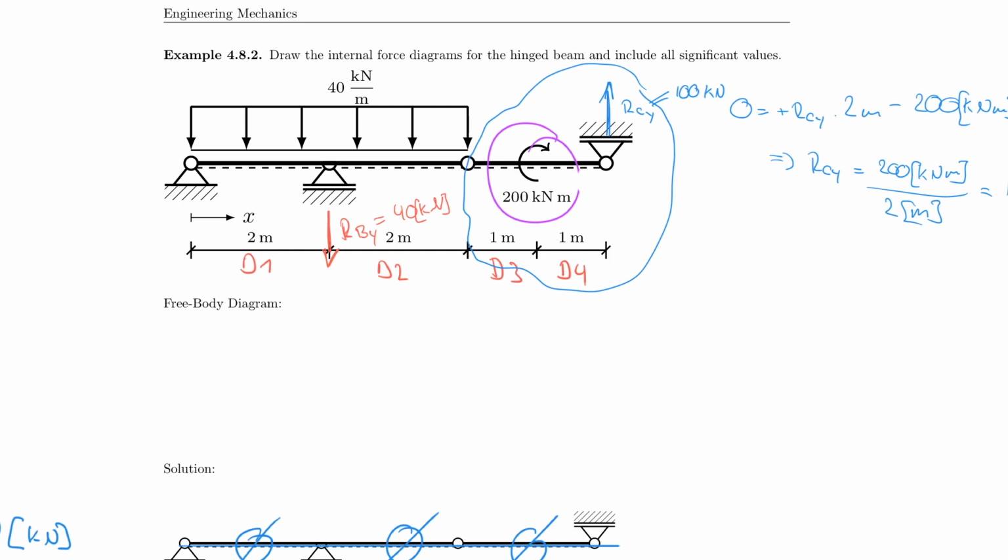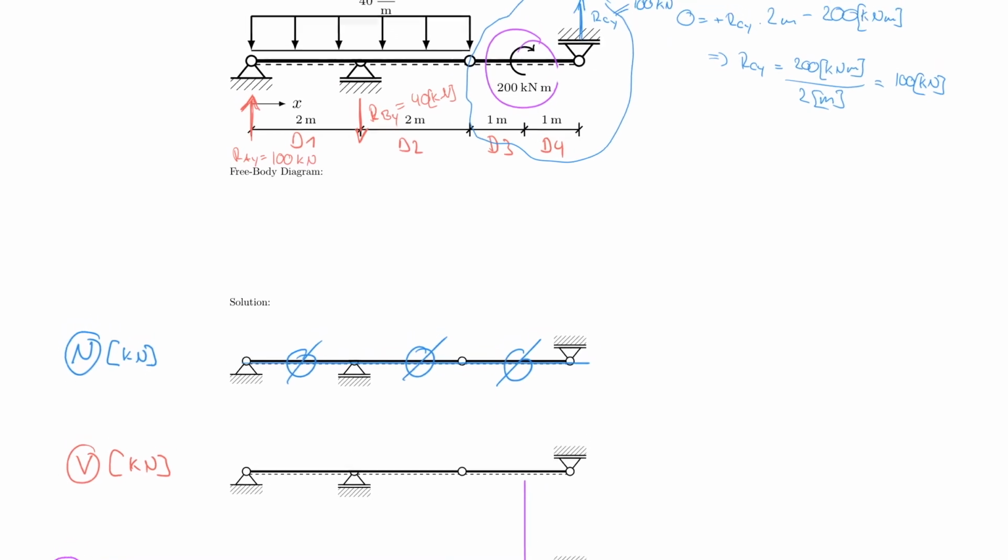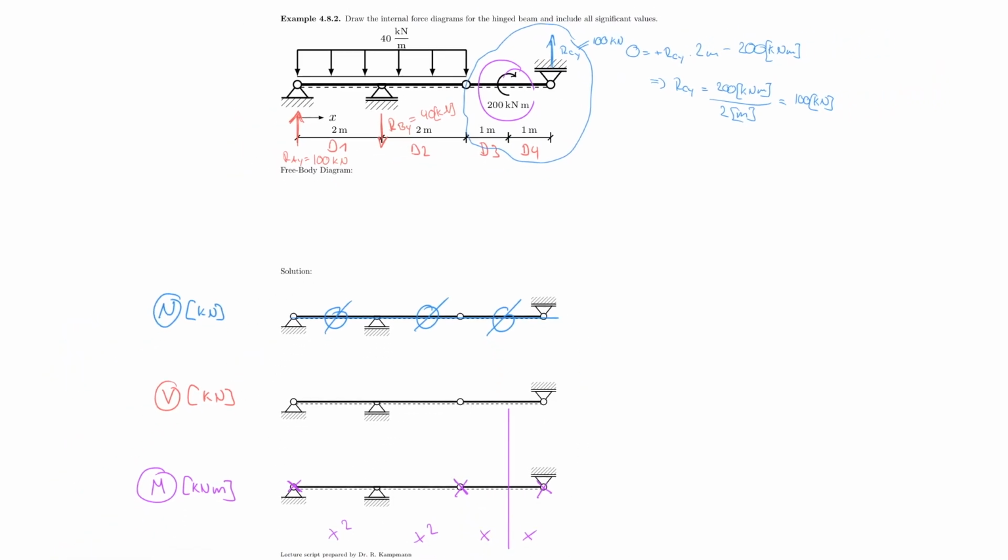But I can be okay with that here because I already checked my work. And again, this is just for showing the internal force diagram, so we're not worried about support reactions here. So RAY comes out to be 100 kilonewton. And now I can easily draw my diagrams just like I'm used to.